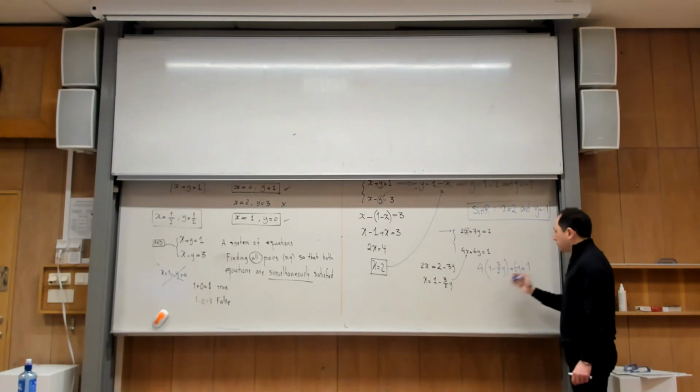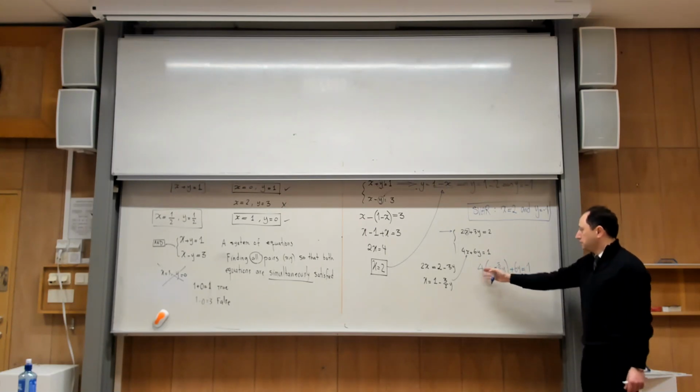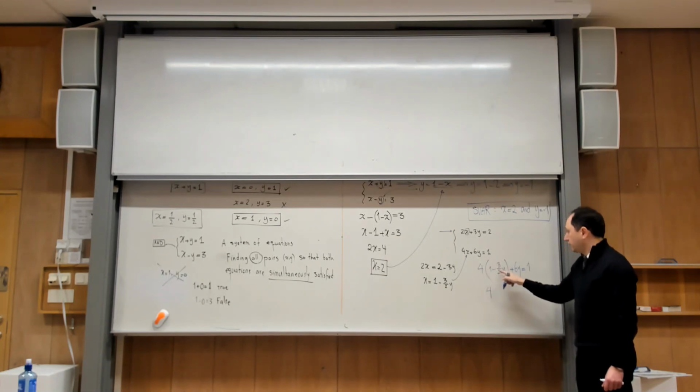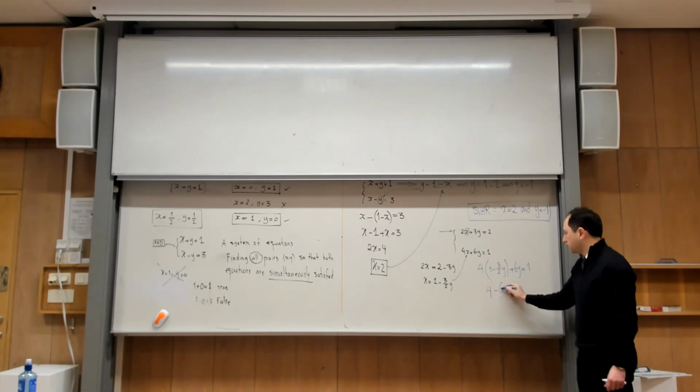I don't have any problems here because I have one equation and one variable. So I multiply 4 in: 4 times 1 is 4, and 4 times 3 over 2 becomes 12 over 2, which is minus 6y.